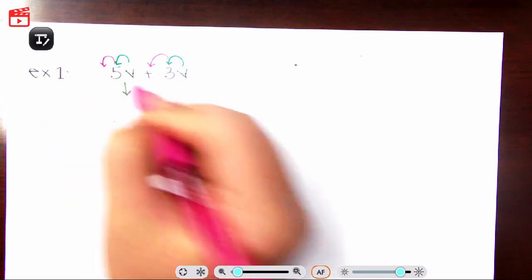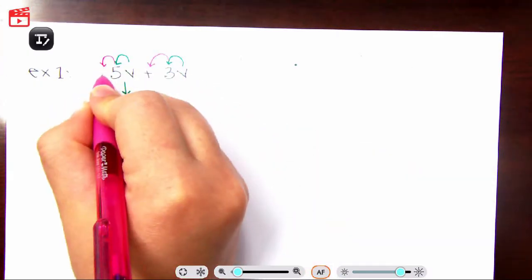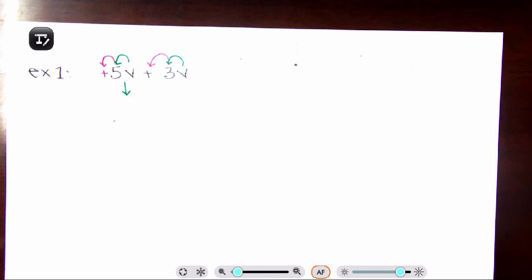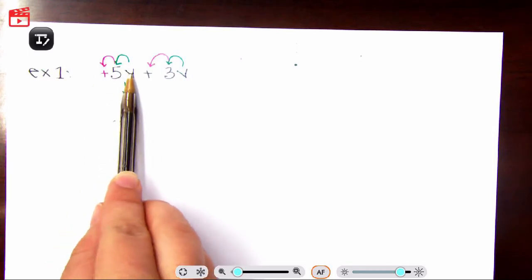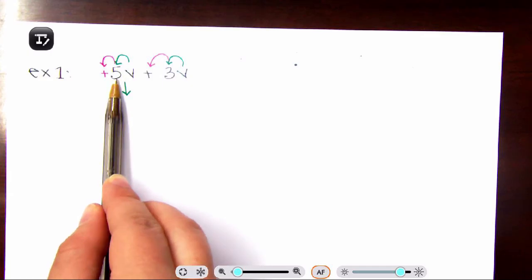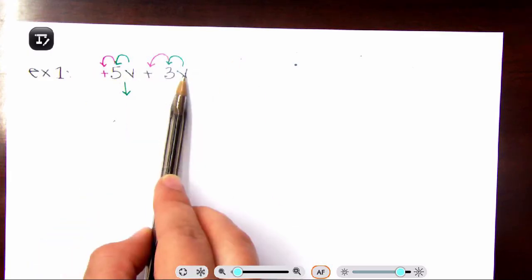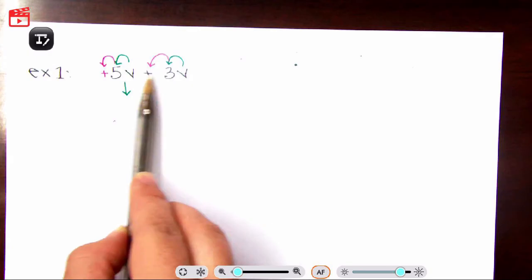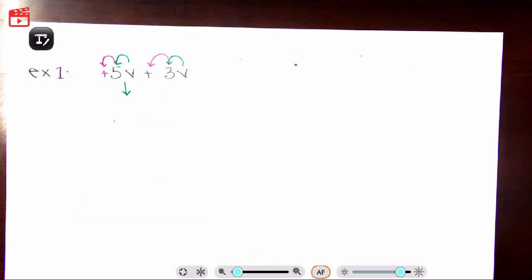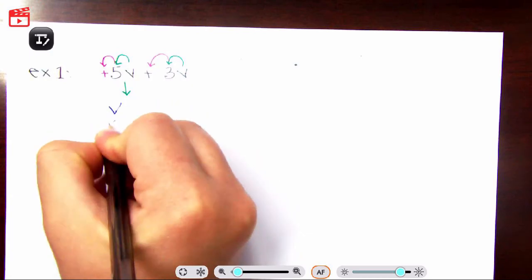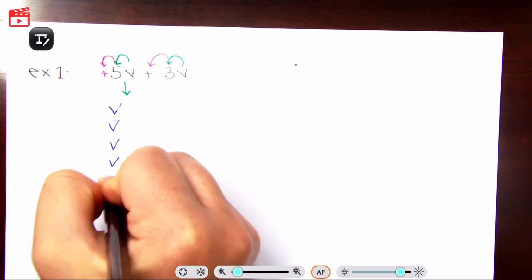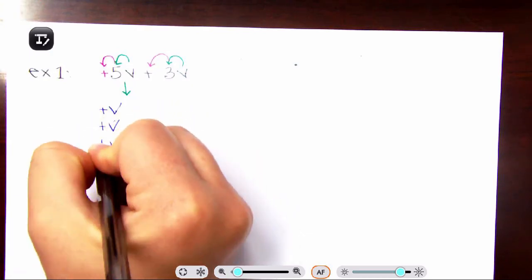I have positive. And this one here, again, mathematicians are lazy. So if there's nothing in front, that means it's a plus. So I have v's. How many? 5. Are they positive or negative? Positive. I have v's. How many? 3. Do I have positive or negatives? Positive. So what you're going to do is you're going to say I have 5 v's. 1, 2, 3, 4, 5. What are they? They are positive.